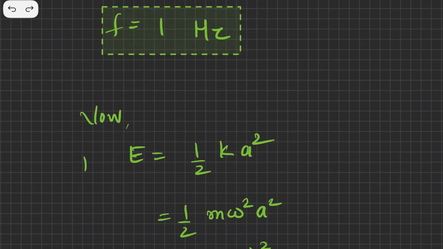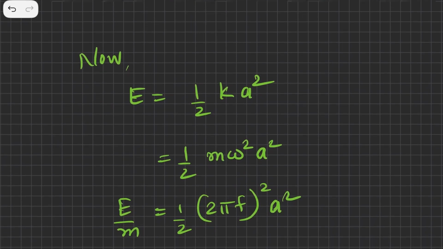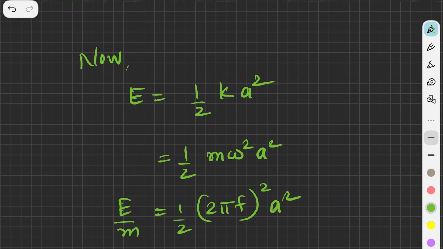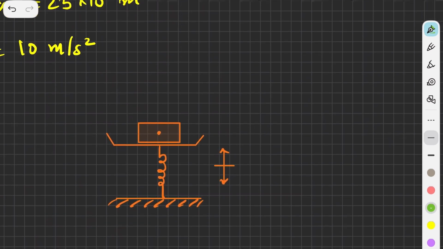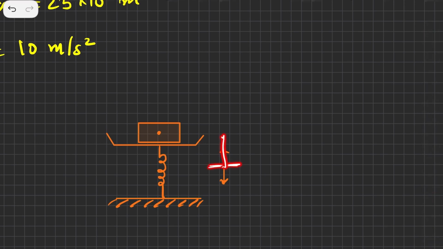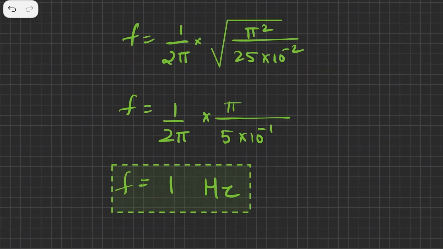Now the second aspect, what they are asking is energy per unit mass. So I'm using the formula because it is in simple harmonic motion. I can say that the energy supplied at this point when it was at the mean position is the same energy it is going to acquire at this position. Or rather I can say the total energy in a spring.